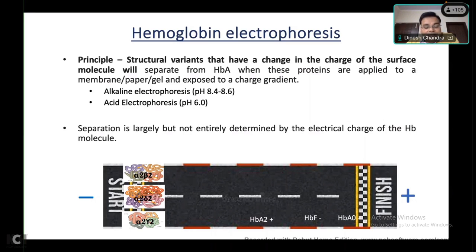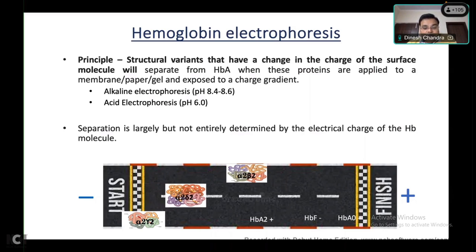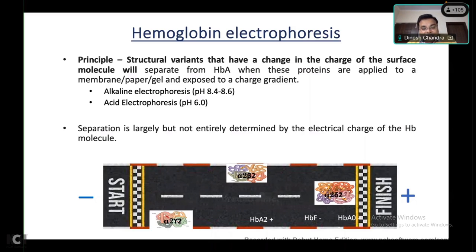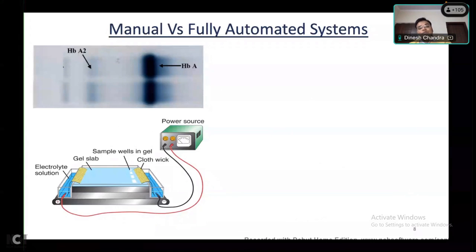That can be done at either alkaline pH or acidic pH. But the catch is that different hemoglobin variants which have a similar overall charge will not separate. Like this is your normal, so it moves here on the basis of its charge and structure. So they move differently.